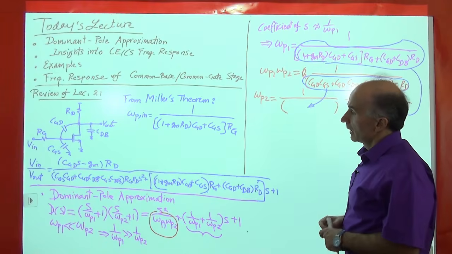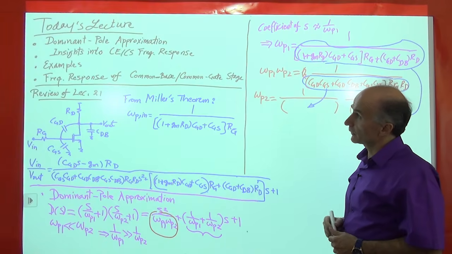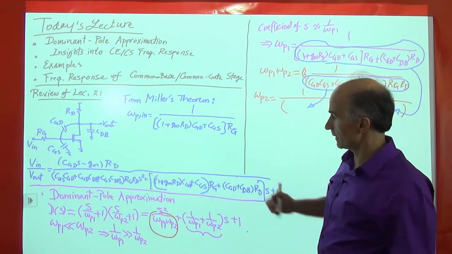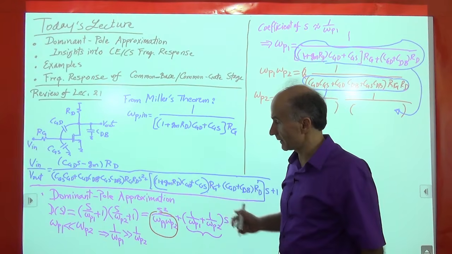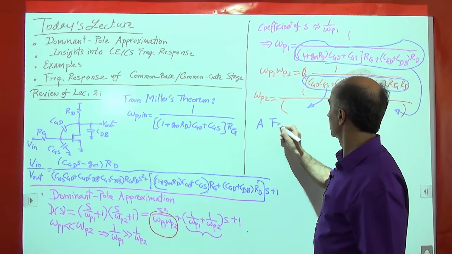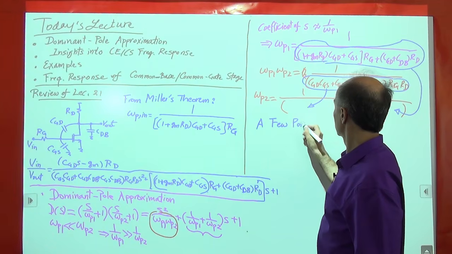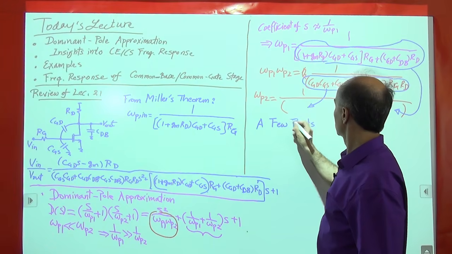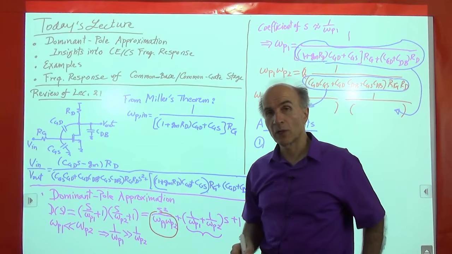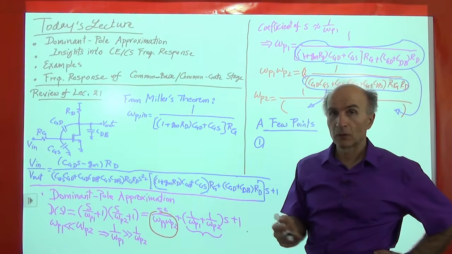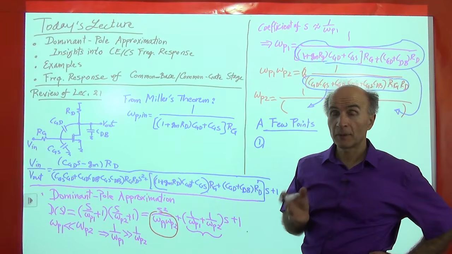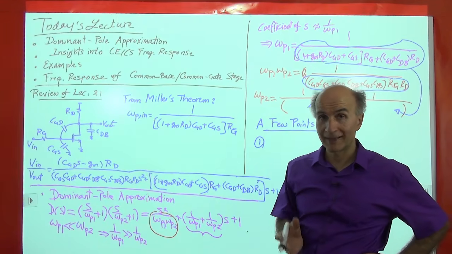Okay, all right, a few other important insights that we need regarding the frequency response of the stage. So a few points. Number one, anytime we derive a transfer function for a circuit, it is a good idea to try some extreme cases and see if the result makes sense.